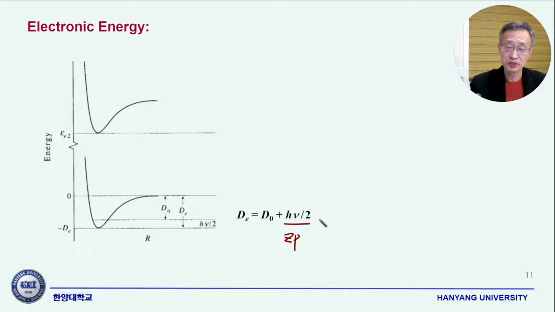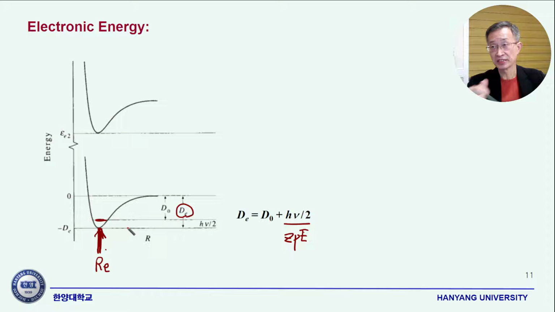If that shows up in vibrational spectroscopy, we call it the zero point line. I would call it here the zero point energy level, and that's actually the electronic equilibrium. This part is the so-called bond length, the distance between two atoms, R_e, and that energy is the dissociation energy.